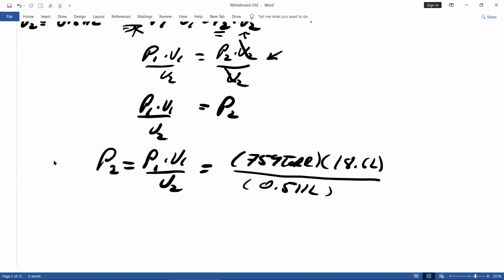Now, before I do anything, I'm going to look at my units. If we look down here, I have torr times liters divided by liters. And notice anything divided by itself cancels out. The only thing I'm left with is torr, which is pressure. So I'm doing a good thing.